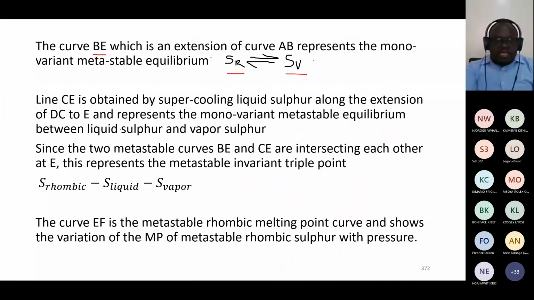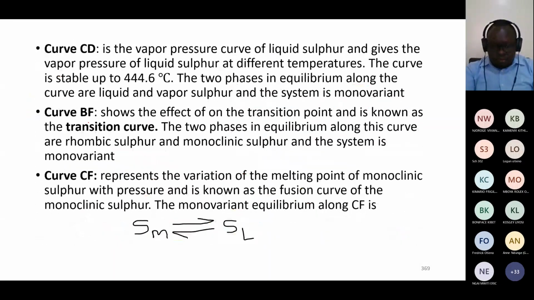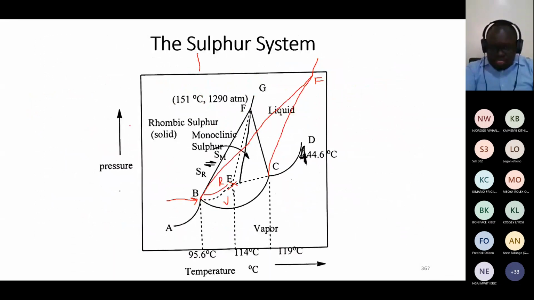Now the line CE is obtained by supercooling liquid sulfur along the extension of DC to the point E. So remember, for BE, you're talking about superheating.